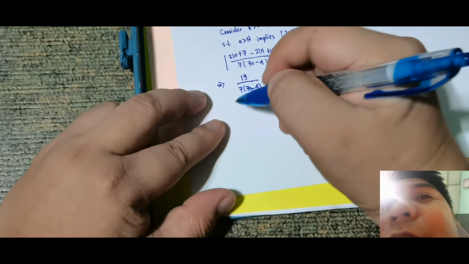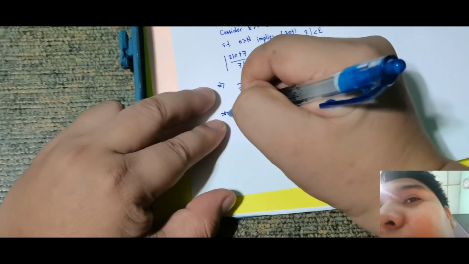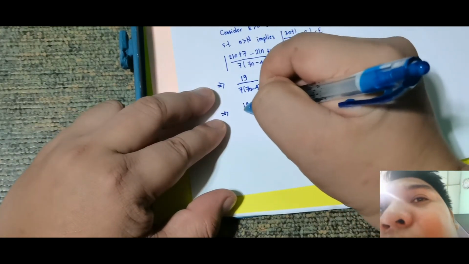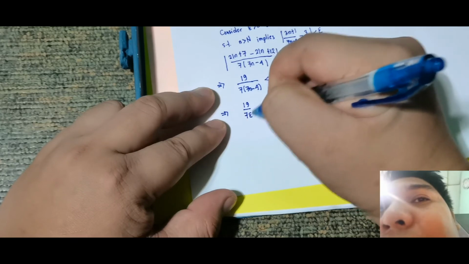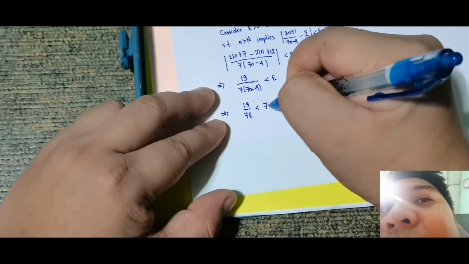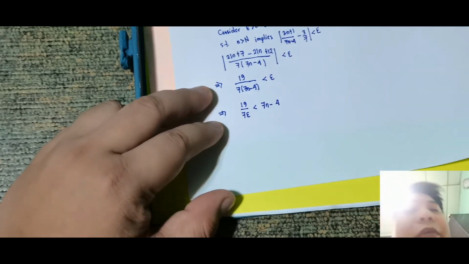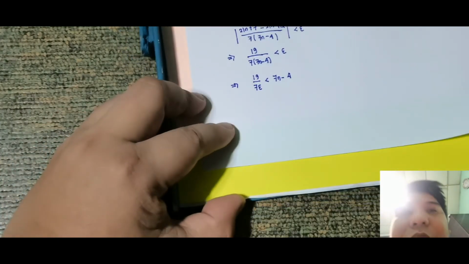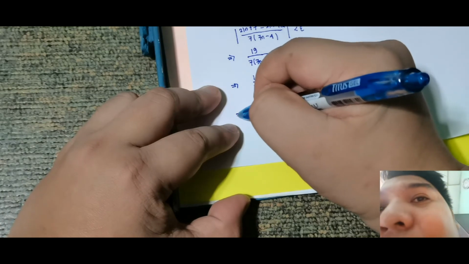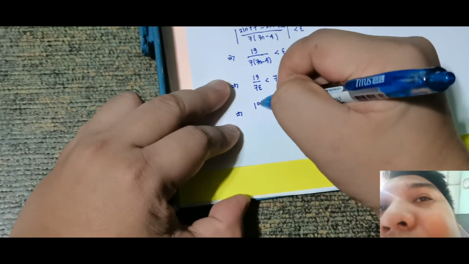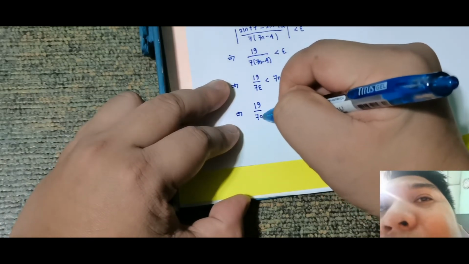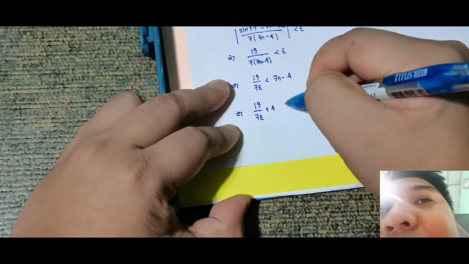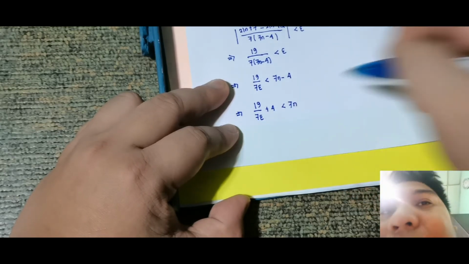So this implies 19 over 7 epsilon is less than 7n minus 4. Our goal is to leave n on one side, so I'll transpose this 4. So this implies that 19 over 7 epsilon plus 4 is less than 7n.